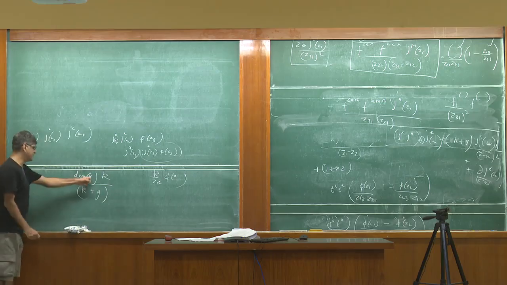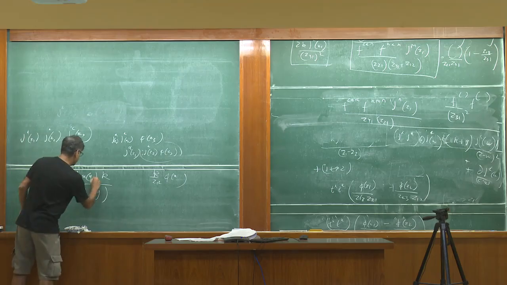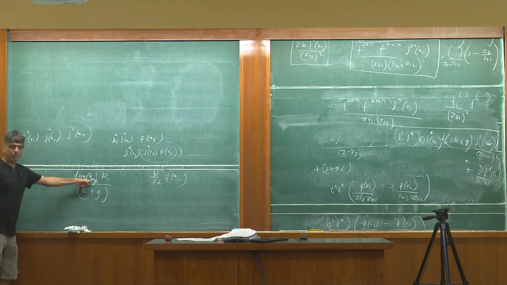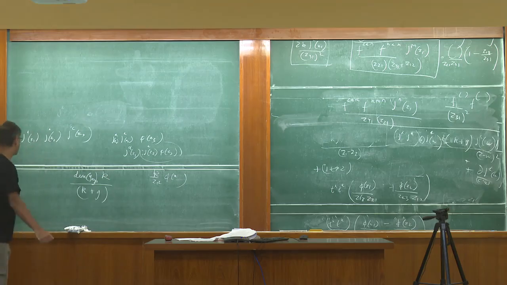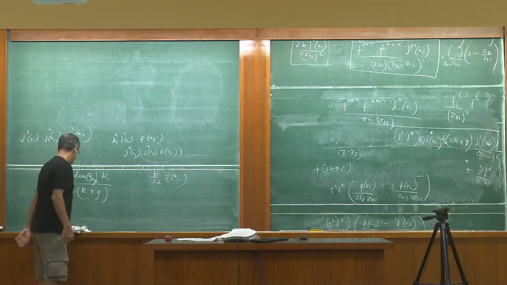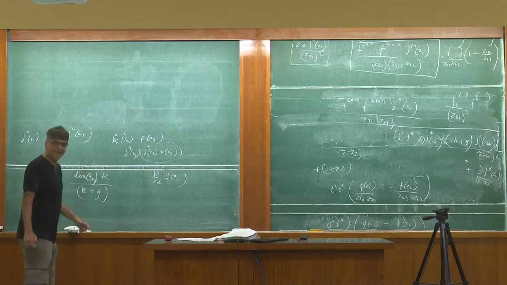Now this g and this g are different. This is the dual Coxeter number. This is the dimension of the group, the dimension of the Lie algebra, times k divided by k plus g.